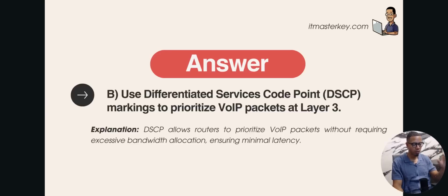They're expecting you to know what the answer is. Why is that? Because this certification is taught as if you already have ITF Plus and A Plus and have all the knowledge therein. So they're not going to break a lot of stuff down because they already expect you to know it. DSCP allows routers to prioritize VoIP packets without requiring excessive bandwidth allocation, ensuring minimal latency.